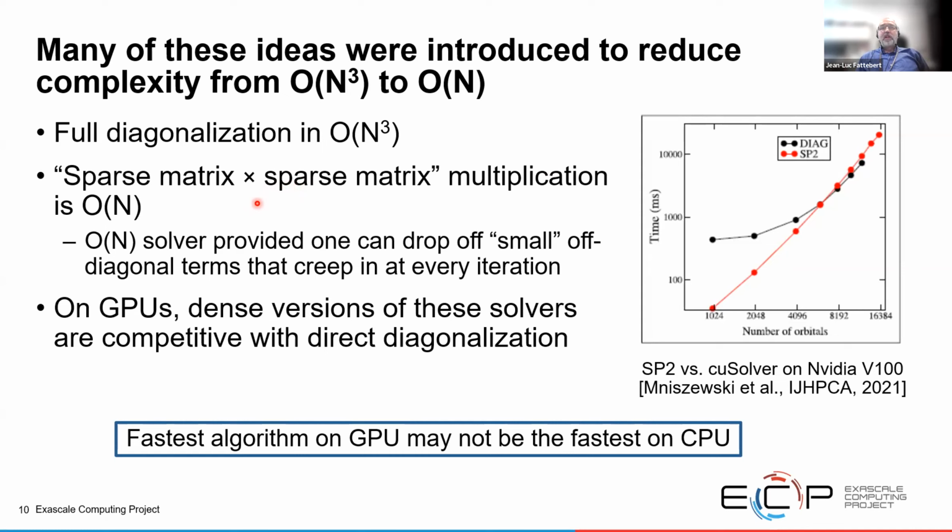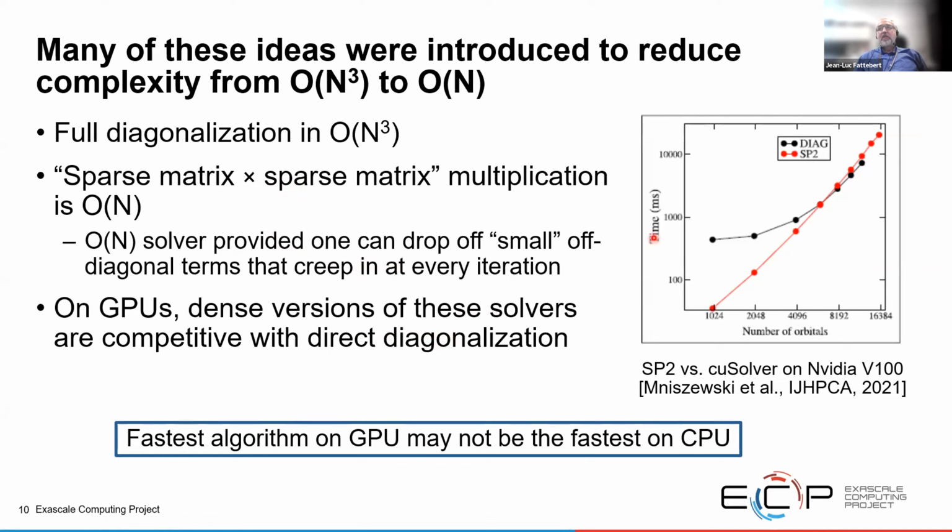And if you can truncate your result or keep your matrix sparse enough during the algorithm, your overall solver takes order n operations.